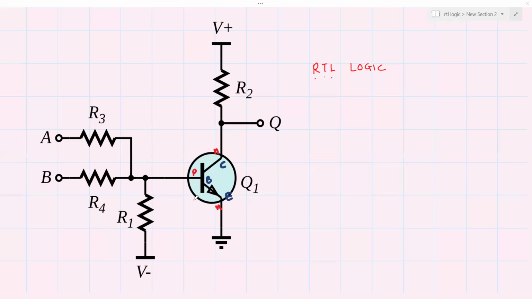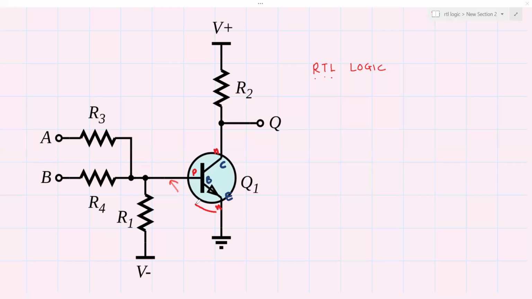So we now try to see how this RTL logic will work, and that we can do by applying some logic levels. Let us say you apply 0 and 0, that is logic 0 and 0. It means at the base you have 0 volt. Here it is 0 volt at the emitter.